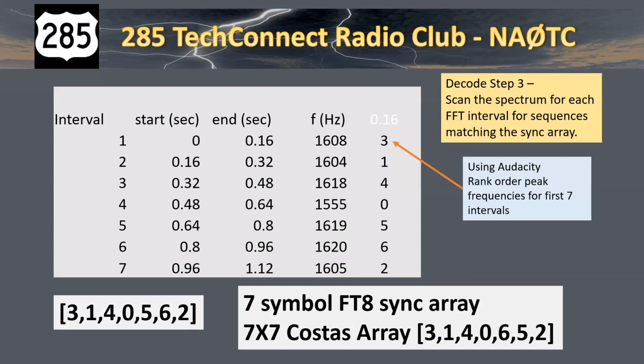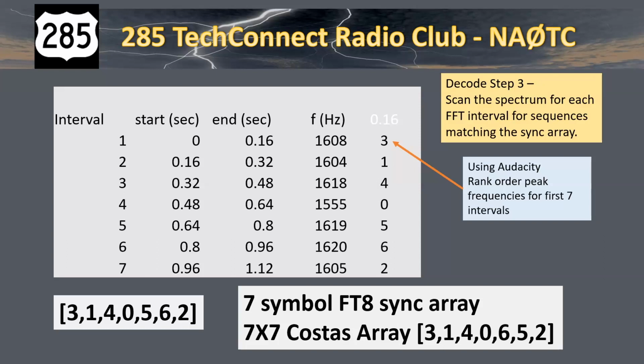I found 3140562. FT8 uses a 7x7 Costas array. I'll talk about what that is, but it's basically 3140652. So it looks like, just using this very basic rudimentary Audacity software, I was able to get very close to my sync signal in that first 7 intervals.